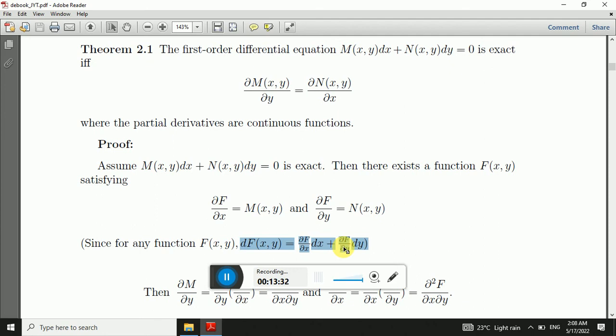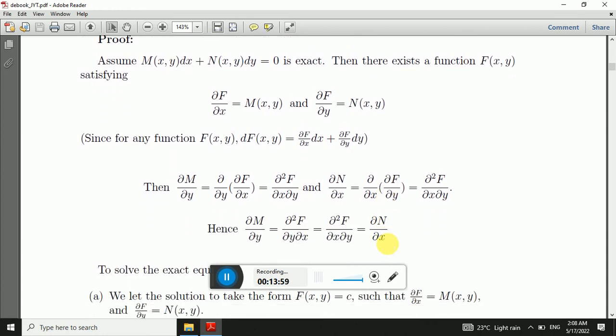Okay, so we have that df of x, y, so take the differential. This is the same as the partial derivative of f with respect to x times dx, plus the partial derivative of f with respect to y times dy.